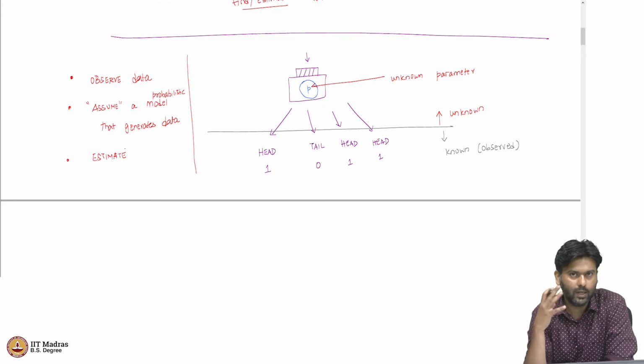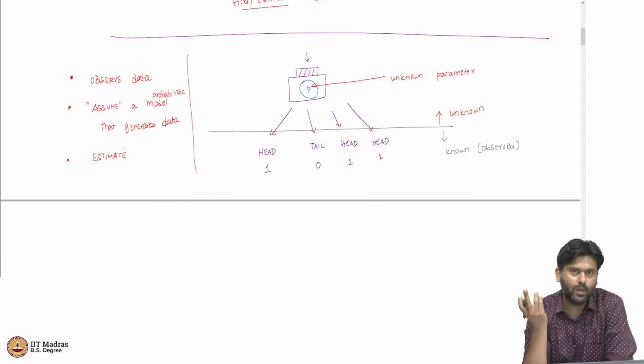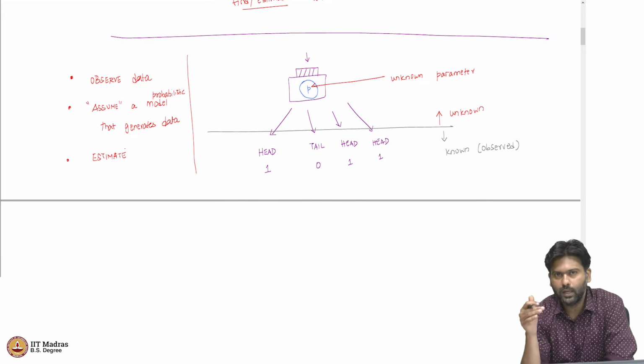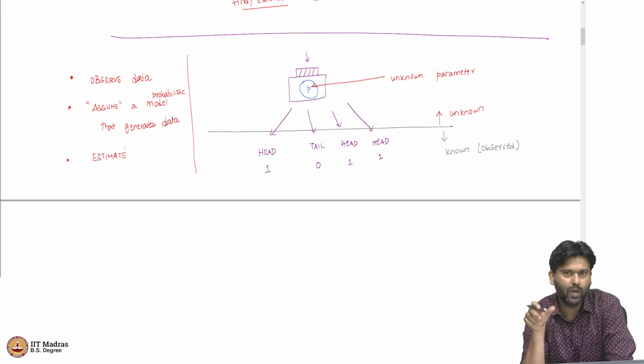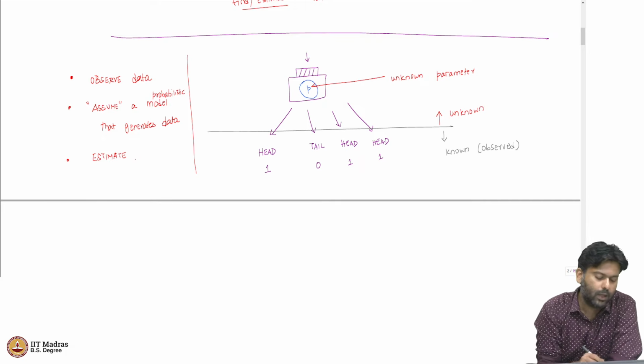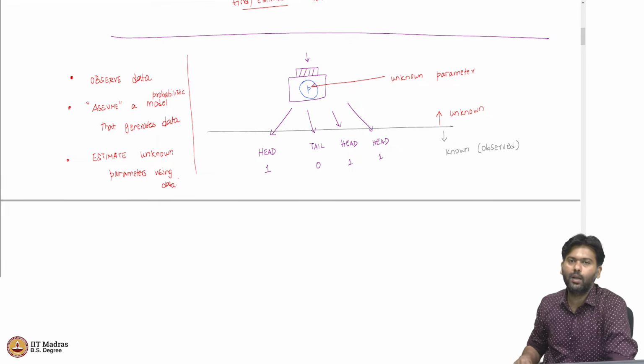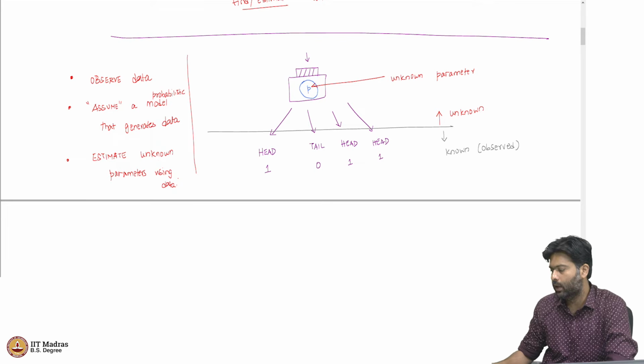So I have assumed that there is a coin and that coin has some bias, but I don't know what this bias is. The proxy for understanding this bias, this unknown parameter P, is just my data. So I see this data, I have made this assumption about the model, I don't know what the value of P is, and I want to estimate unknown parameters using data. Right, so this is the general idea of estimation.